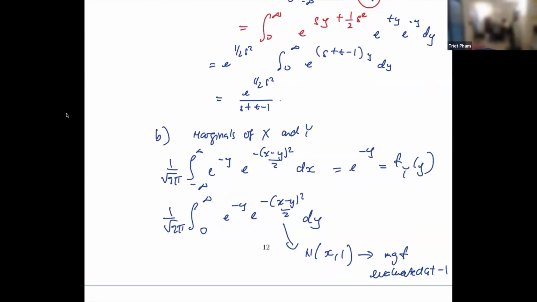The MGF of a normal is e to the t mu plus one half t squared sigma squared. With t equal to -1, that's e to the minus x, and sigma is 1, so plus 1/2.